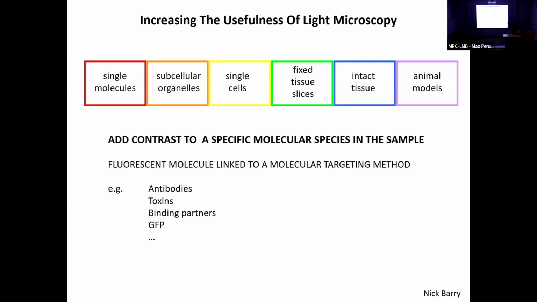And it can be used at all scales. What's remarkable even here is the era of microscopy without fluorescent proteins, without genetic encoding, is not that long ago. But the advent of fluorescent proteins has really changed the way we can do microscopy.